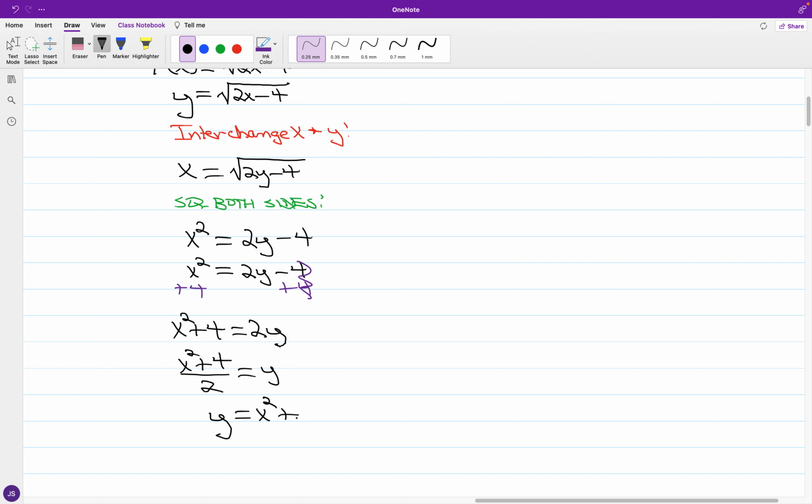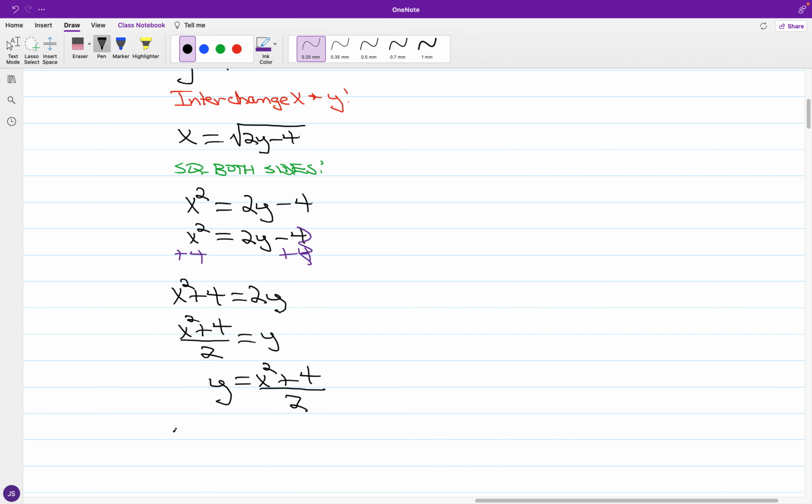And you can split up the terms as well, or leave it consolidated. So for the inverse, in terms of the expression, the inverse of f of x is x squared plus 4 over 2, or 1/2 of x squared plus 2 if I were to split it up.